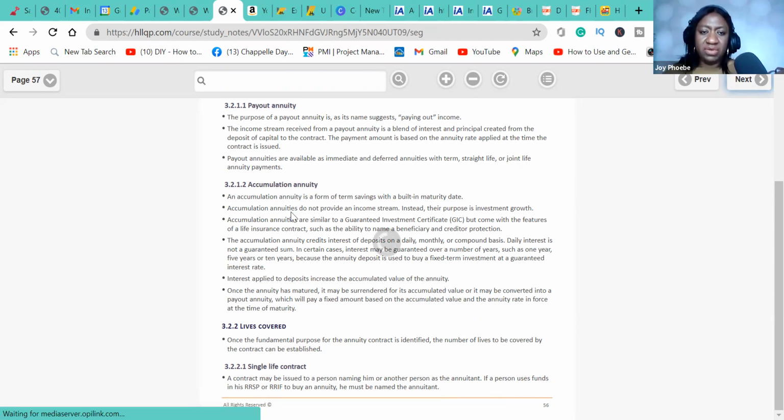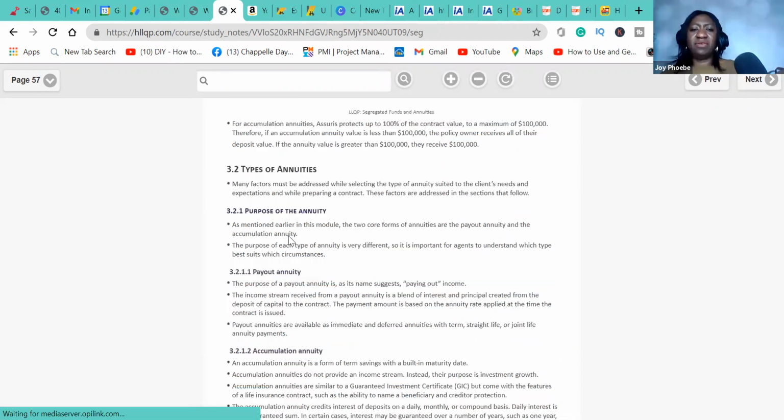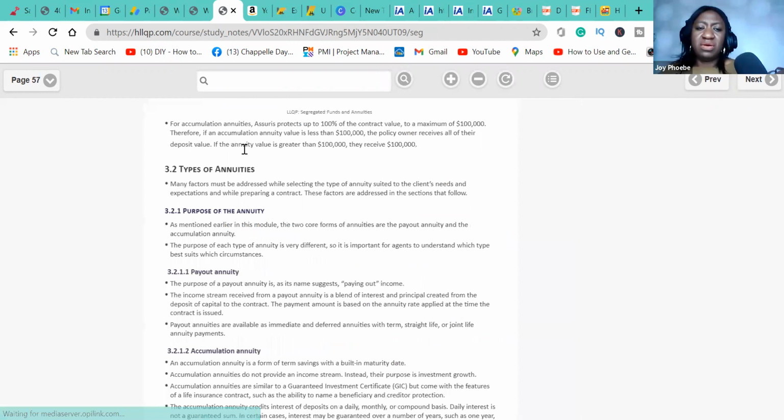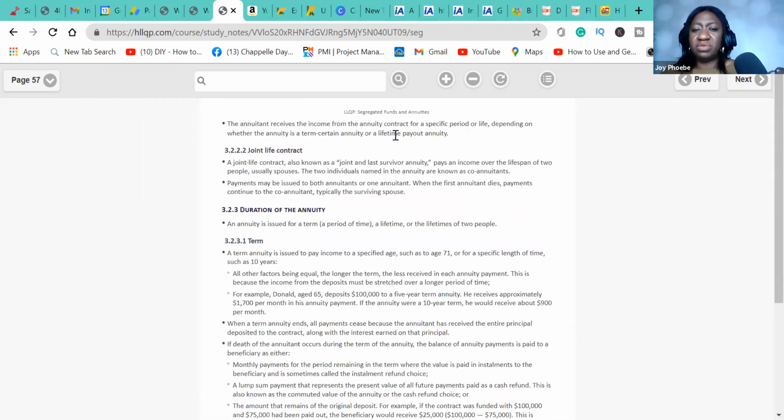We've seen this before. For a single life, the annuitant receives the income from the annuity contract for a specific period or for life, depending on whether the annuity is a term-certain annuity or a life payout annuity.